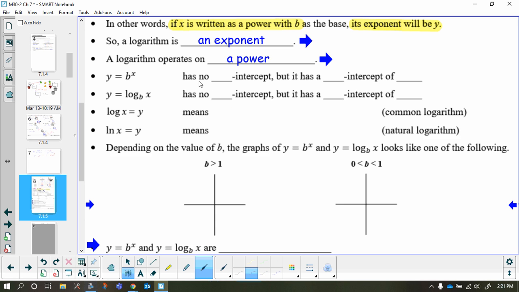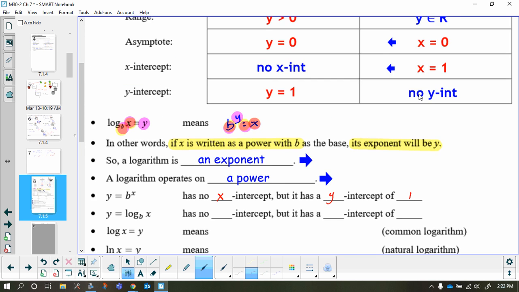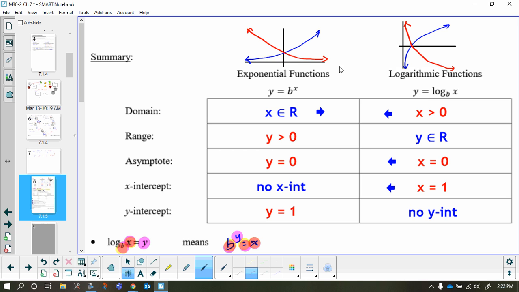Okay, a little more information. If I have y equals b to the x, that's an exponential function, and it has no x-intercept, but it does have a y-intercept of 1. And again, we looked at that up here, where we said this exponential function doesn't have an x-intercept because of that horizontal asymptote.